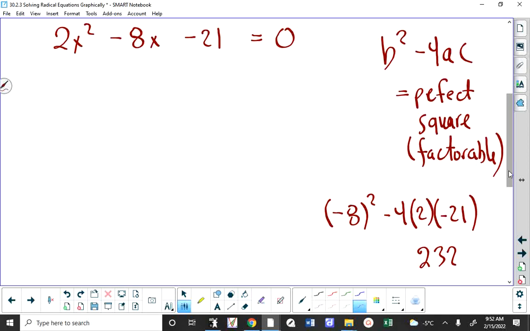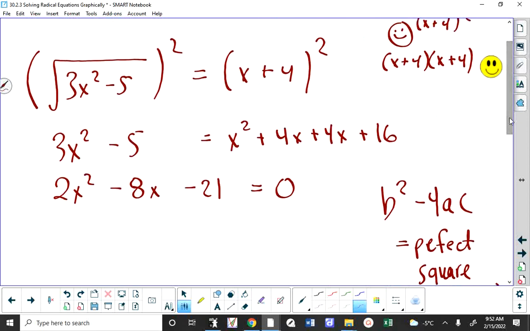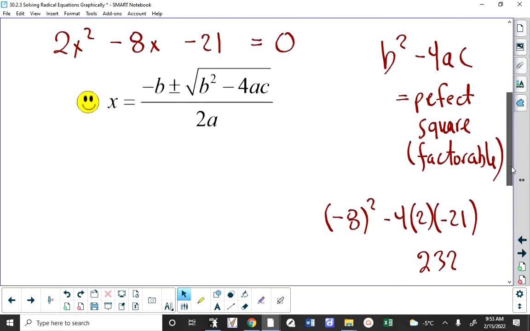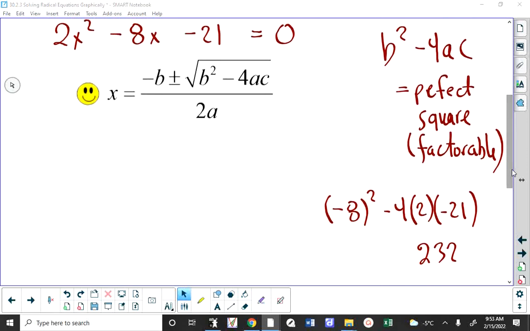This is Math 30-1. Math 20-1 has a huge component in it about quadratics and solving quadratic equations, which is why when you look at your formula sheet, you'll see the quadratic formula. The nice thing now about solving this with the quadratic formula is we've already calculated b squared minus 4ac.